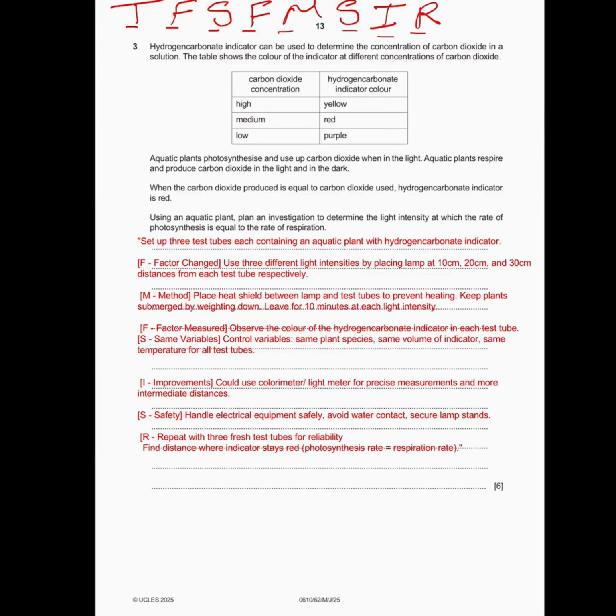Very easy. T stands for trials. Prepare 3 test tubes, 3 flasks, 3 beakers. So what's meant by trial? More than one trial. F stands for independent factor.